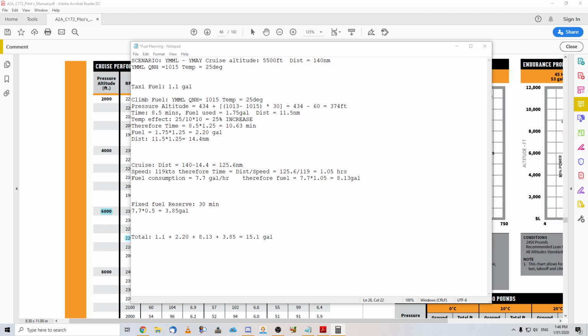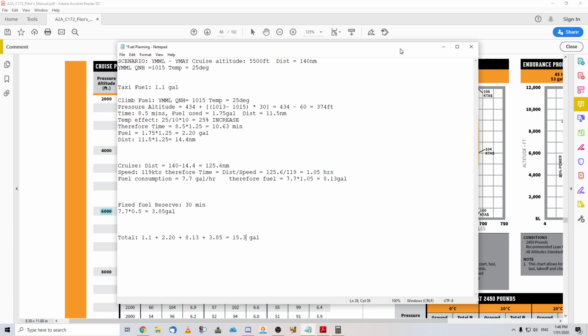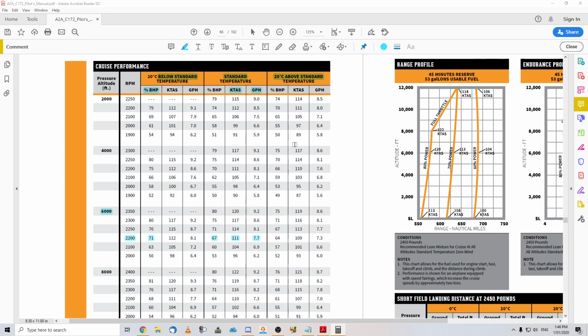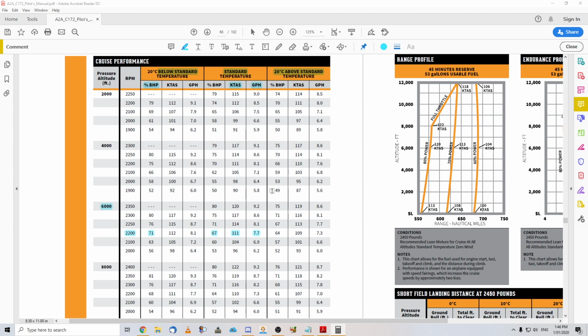We need about 15.3 gallons of fuel, basically, to get to Albury and also have some reserve fuel, because the law requires that you have reserve fuel on board. If you start dipping into your reserve fuel, then you're in trouble, and you actually have to declare an emergency.